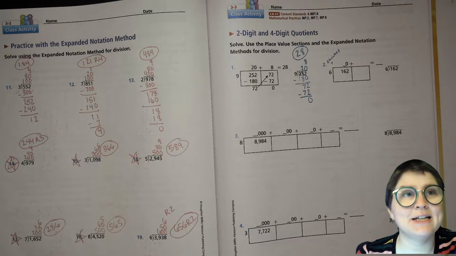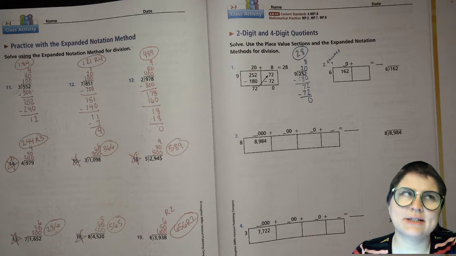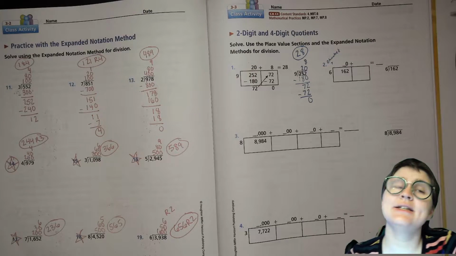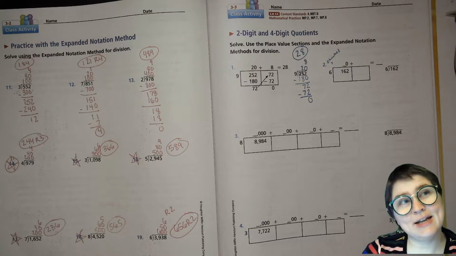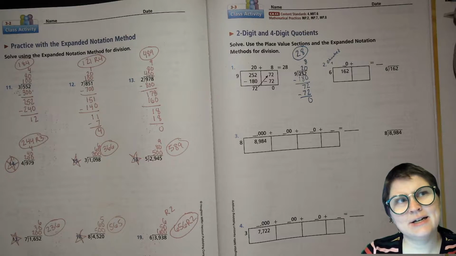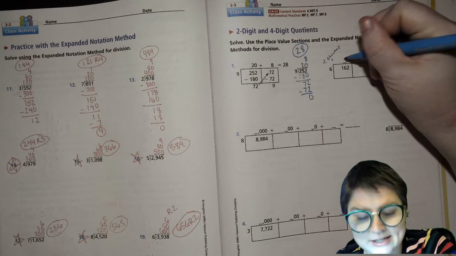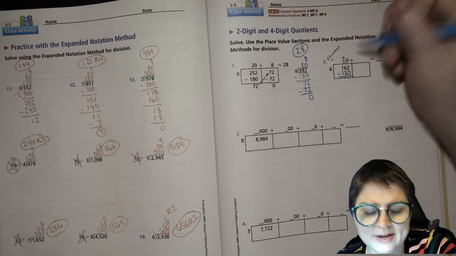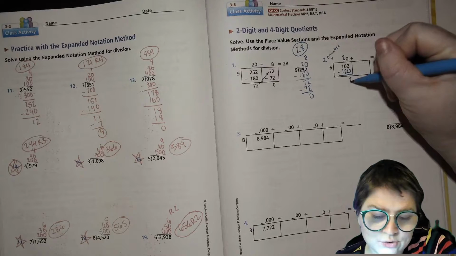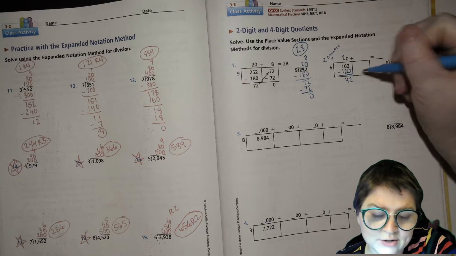So, how many 10s? 1 10 is 60. 2 10s is 120. 3 10s is 180. So, let's do the 2 10s for 120. Find that difference. 2, 4, no hundreds.